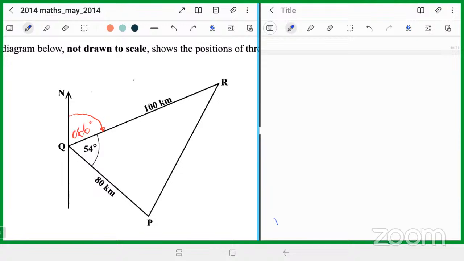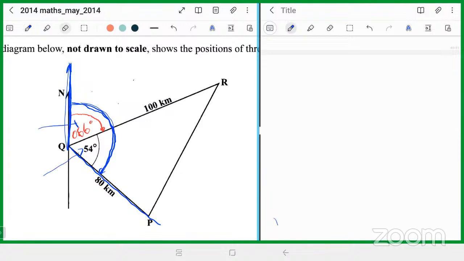All right, guys, sorry about that again. So at the from position, for the bearing down to P, we have to face north first, and then it is the angle through which we have to turn to the right all the way around here until we face P. So the angle that we want is this one that I've drawn in blue, which clearly is the sum of these two.